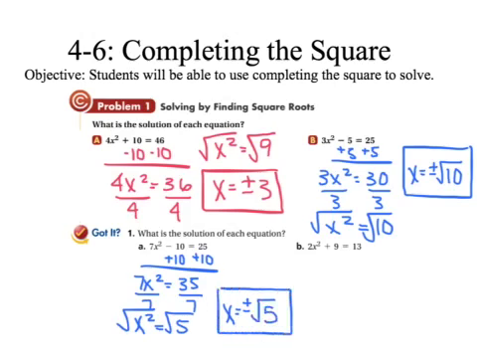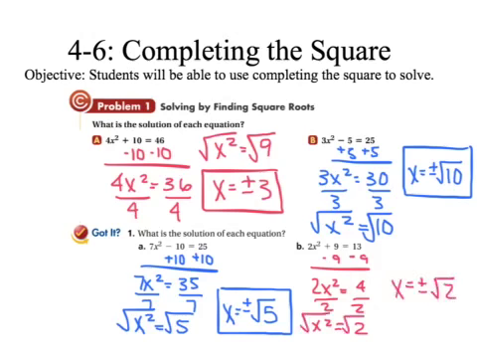And go ahead and work through part B on your own, and then you can check your answer with mine. Show of hands, who got x equals plus or minus root 2?